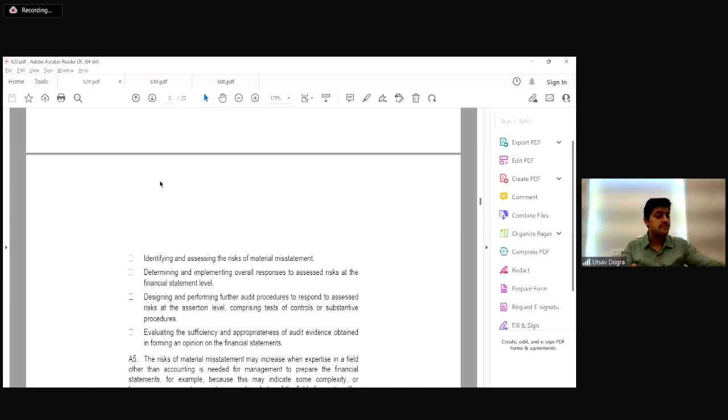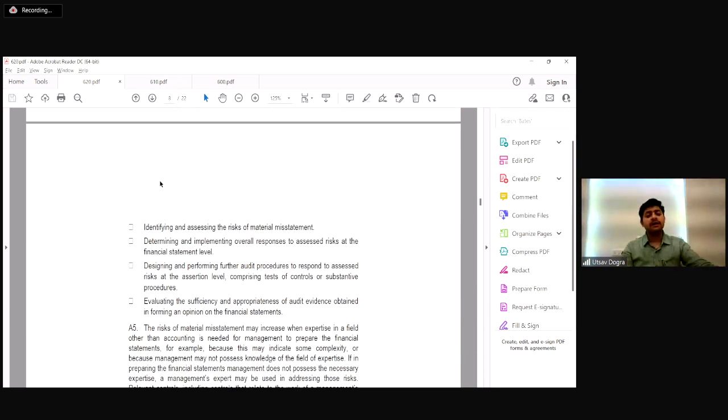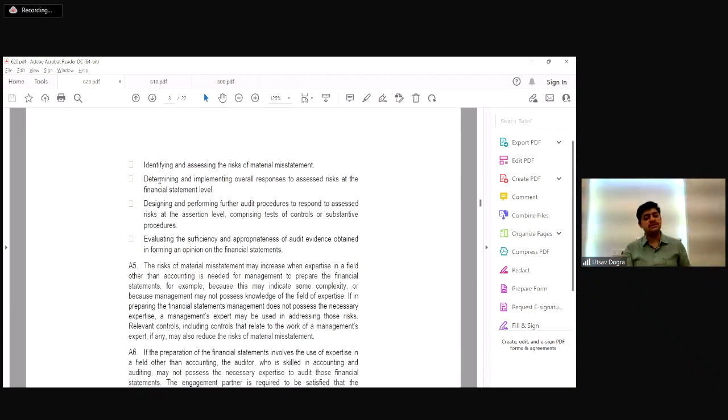Just like I gave the example of the contingent liability: it's not much of a risk, but if we underreport the contingent liability, the stakeholders' decisions may be impacted. Like designing and performing further audit procedures to respond to the assessed risk, and evaluating the sufficiency and appropriateness of the audit evidence obtained in forming an opinion on the financial statements.